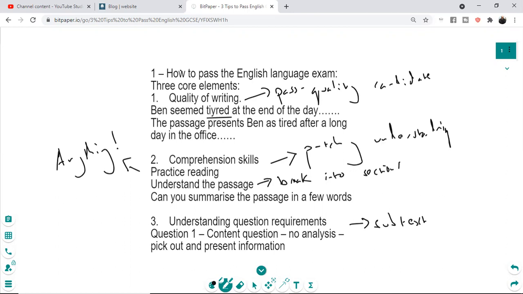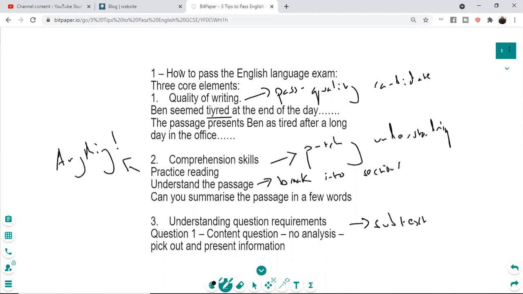You just see the words there and you try and respond to them. But when I'm looking at that question, I go, okay, this is a content question. That means I don't need to do any analysis. I need to pick out and present the relevant information. That's all I need to do, because this is a content question. And there are different types of questions, and each number offers you a different subtext and a different emphasis on what you need to do.